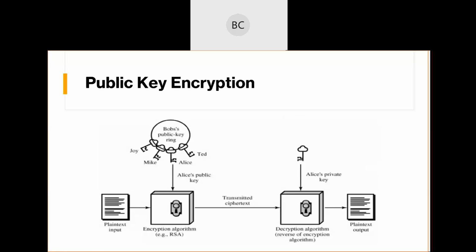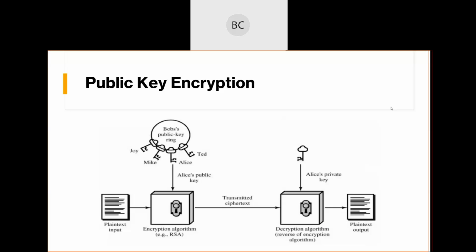Now let's see the steps for public key encryption. Here you can see Bob wants to send something to Alice. Bob has many keys. These are all public keys, and each of the keys is meant for a particular type of user.